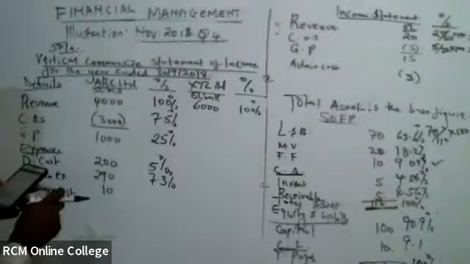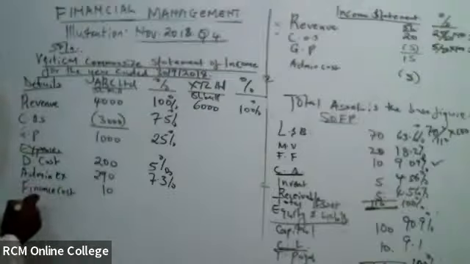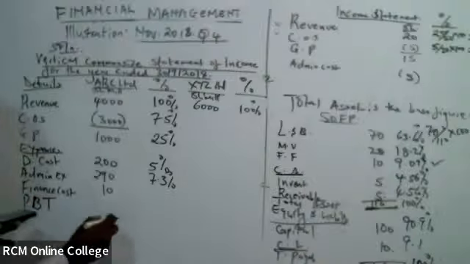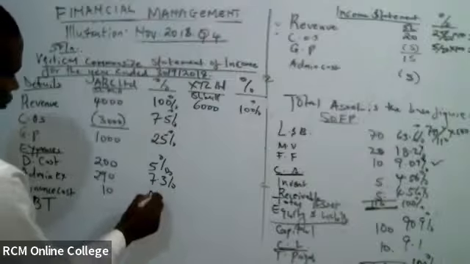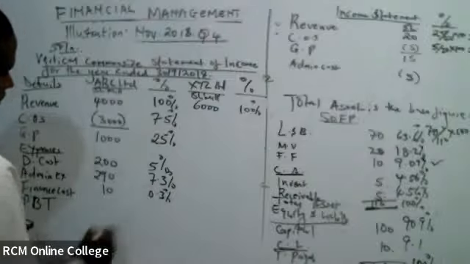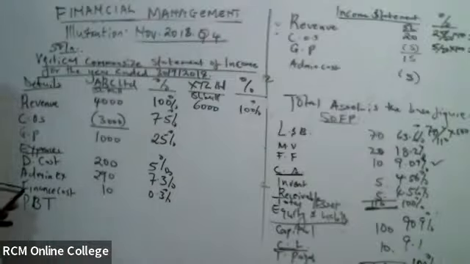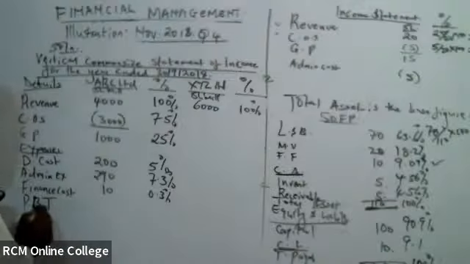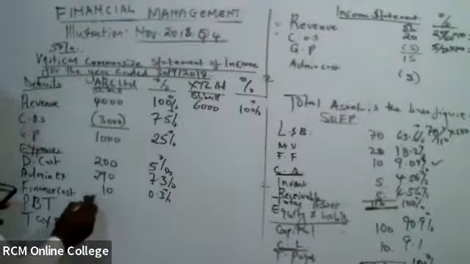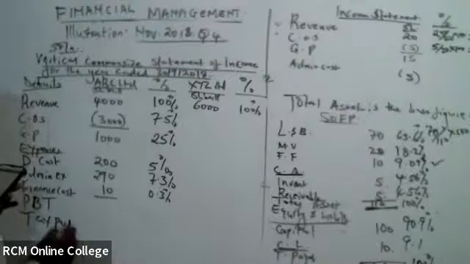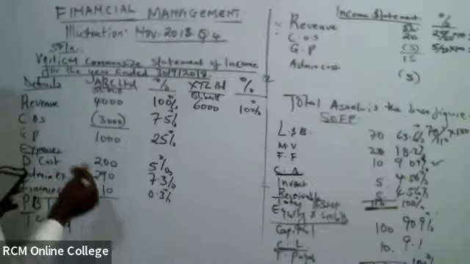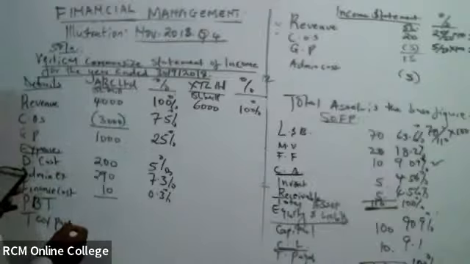The next one is profit before tax, which is a small percentage, 0.3%. Then we have the tax paid here. So this one we also need to have as a percentage.